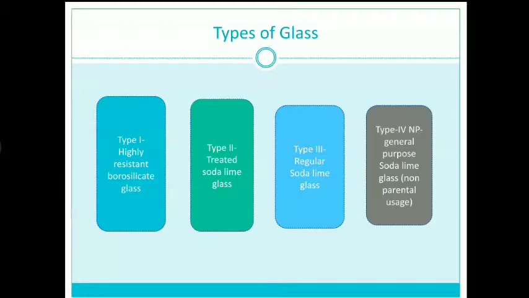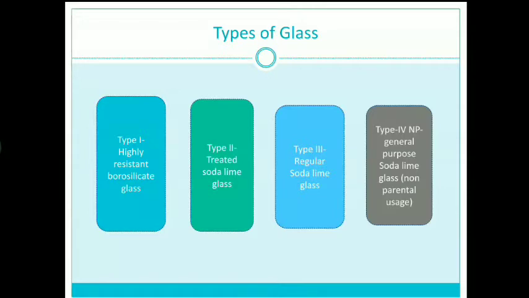So we can say that type 2 glass is the modified type of a type 3 glass container with high hydrolytic resistance, resulting from treatment of the inner surface of a type 3 glass with sulfur. And it is specifically useful for most acidic and neutral aqueous preparations for parenteral and non-parenteral use.